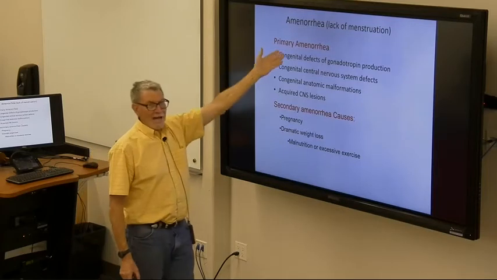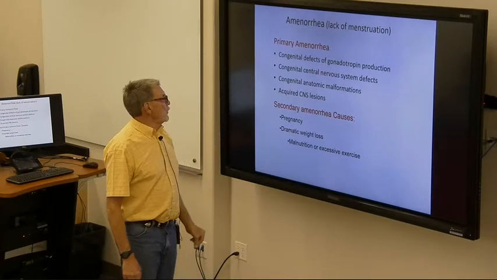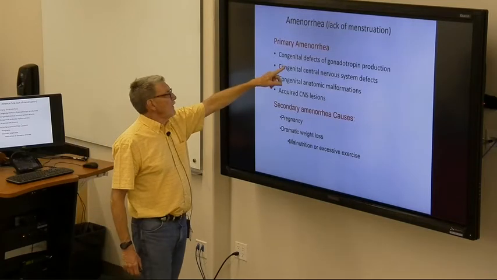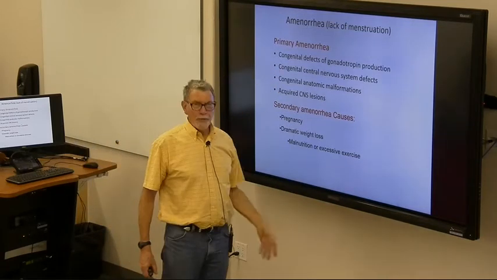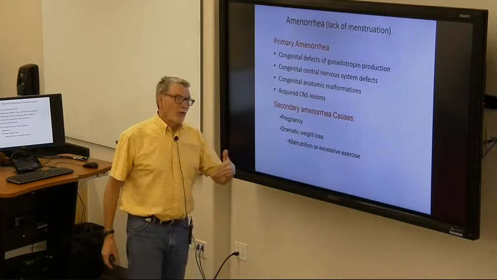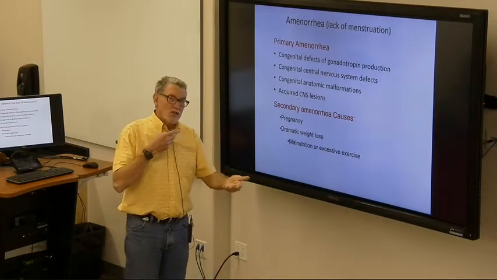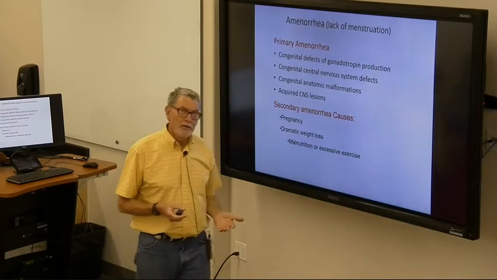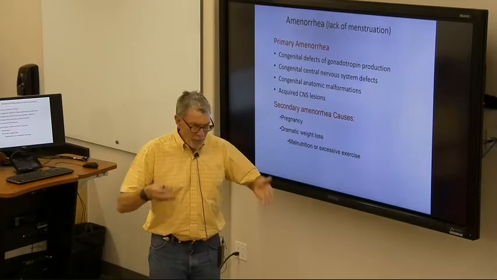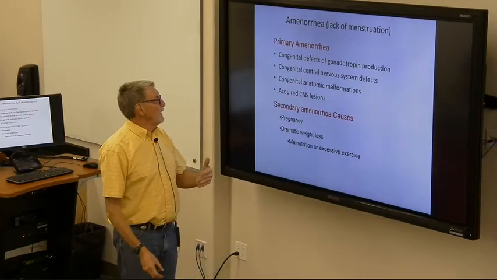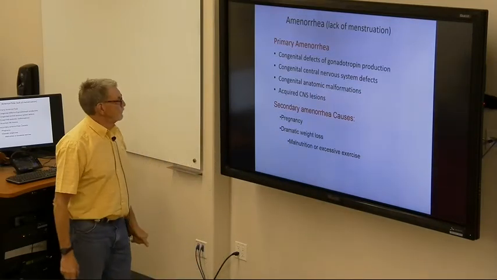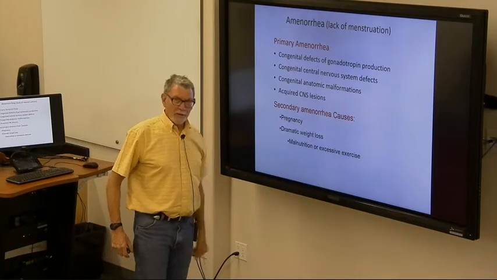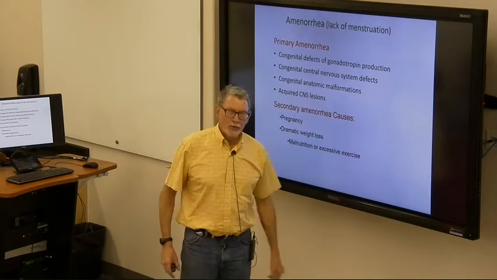Amenorrhea means lack of menstruation. A few things can cause that. Primary amenorrhea means there's a problem with your gonadotropins. You're not producing FSH and LH, or you're not producing estrogens or progesterones as you should, and therefore the development and sloughing of the endometrium is absent. Secondary amenorrhea is caused by something else.